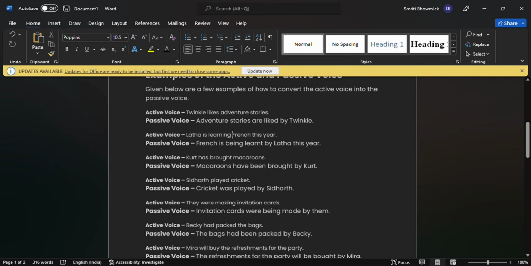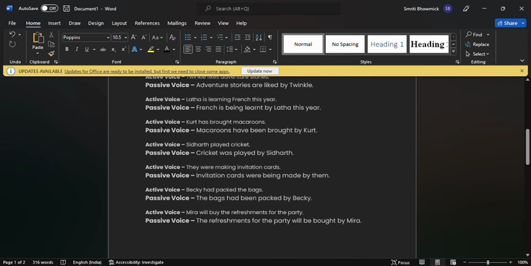So this sentence is in the present perfect tense. Then again it is past simple or past indefinite. This is past continuous, and here you can see this is past perfect. Becky had packed the bags.